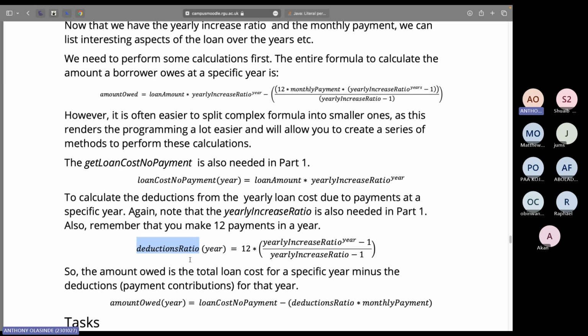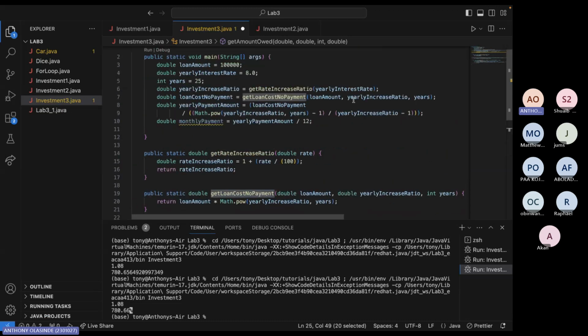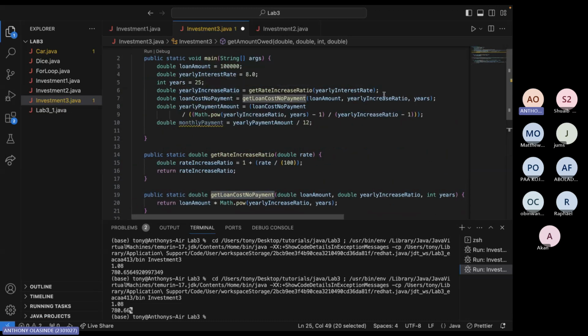Now, rules for methods: one of the points where you discover you have to start creating a method is when you discover you are writing things multiple times, right? Like this yearly increase ratio we've done, since you can see how many places we've used yearly increase ratio.